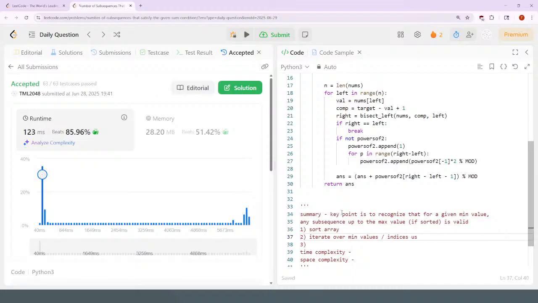And then find max value such that min plus max is less than or equal to the target.